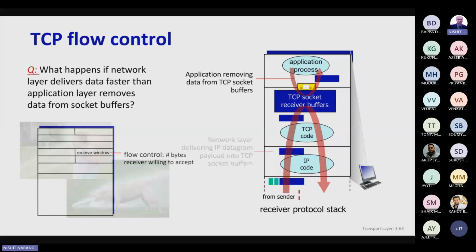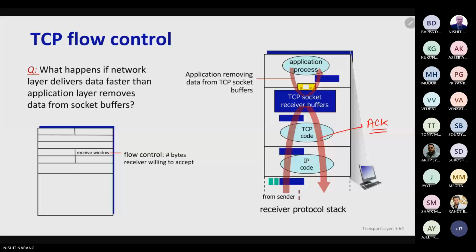So I'm coming back to this receive window, which you saw in the TCP packet header, segment header. The receive window is, so when this acknowledgement goes back, the TCP code looks at how many bytes are free in this receiver buffer.